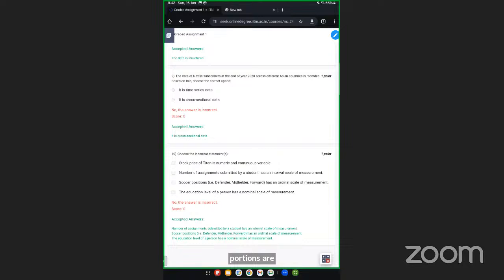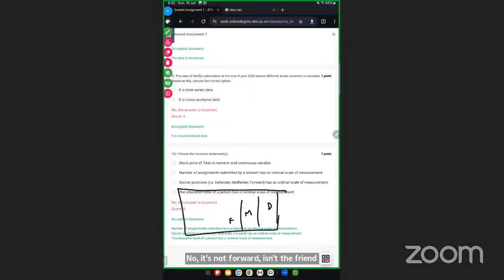You can't perform mathematical relations, but the trend is like this: the forward is in the front, the midfielder is in the middle of the ground, and the defender is behind. I googled this meaning, and from there I got to know it is completely in order.